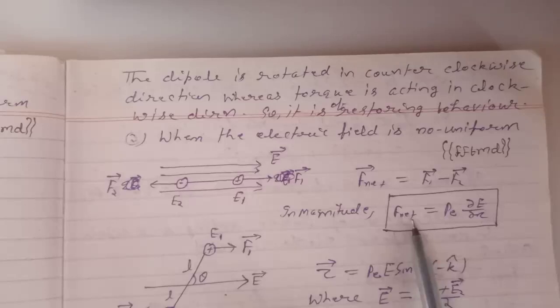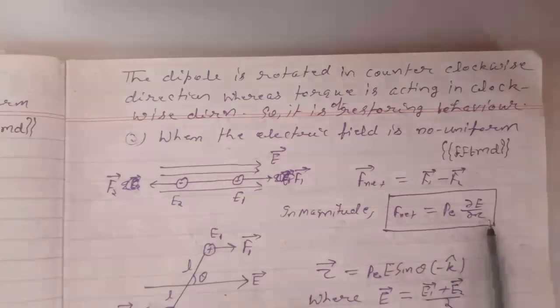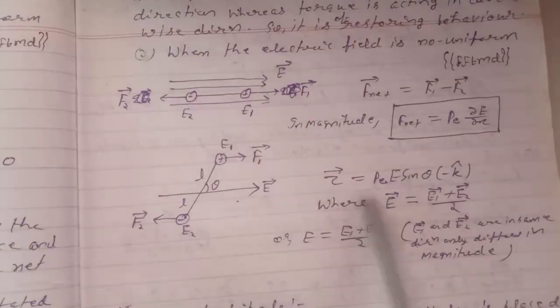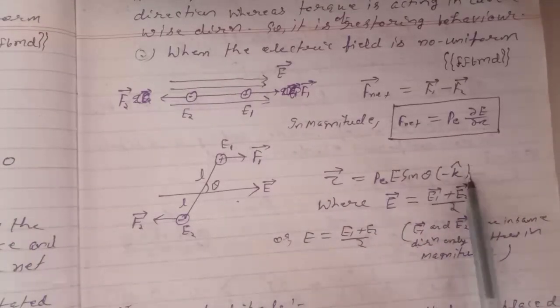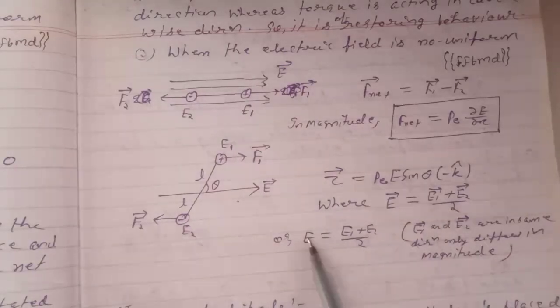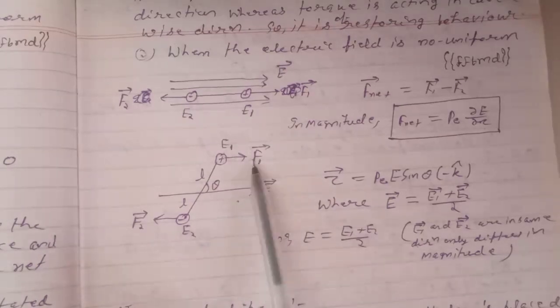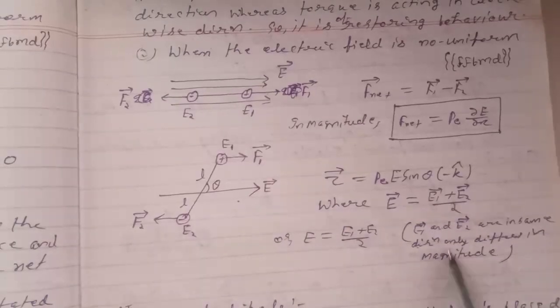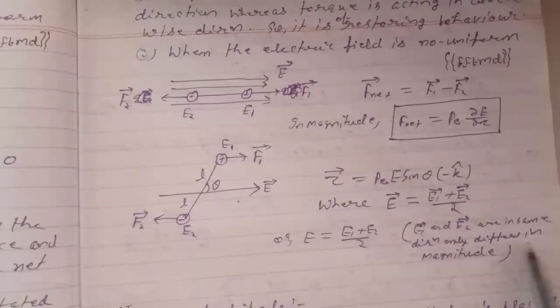In magnitude, F net equals P into dE by dx. And tau vector will be P E sin theta in the minus k cap direction, where E equals E1 plus E2 by 2, because E1 and E2 are in the same direction, only differing in magnitude.